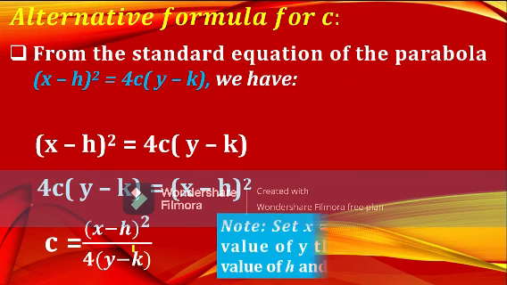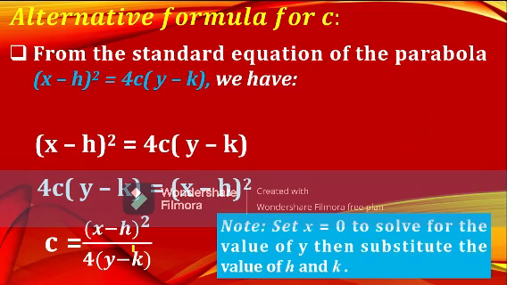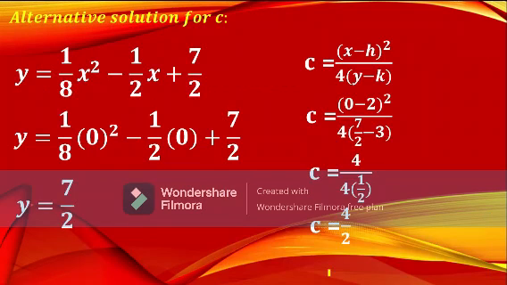Okay. So note, set x equal to 0 to solve for the value of y, then substitute the value of h and k. So we will have, remember, this is the original equation given: y = 1/8 x² − 1/2 x + 7/2. If we let x = 0, we can solve for the value of y.